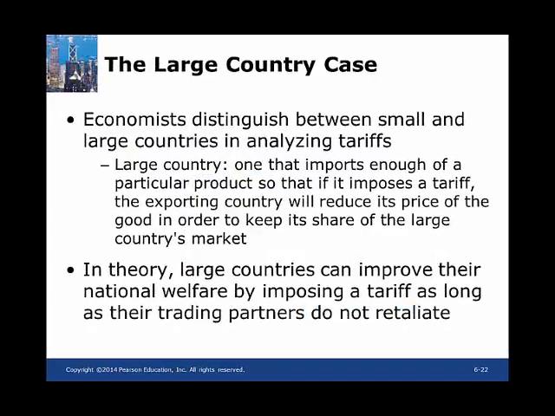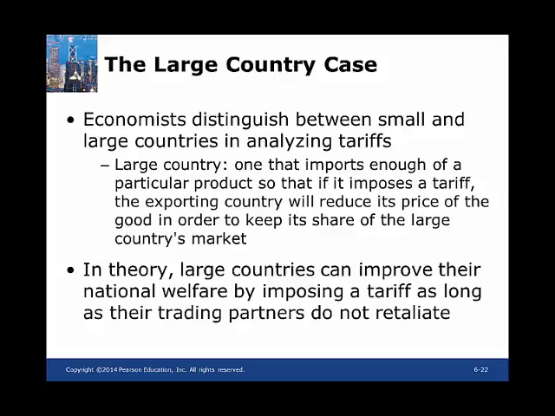The large country case. Economists distinguish between small and large countries in analyzing tariffs. A large country is one that imports enough of a particular product so that if it imposes a tariff, the exporting country will reduce its price of the good in order to keep its share of the large country's market.